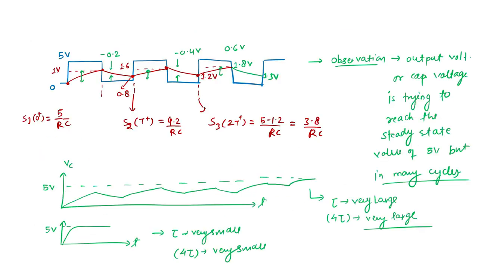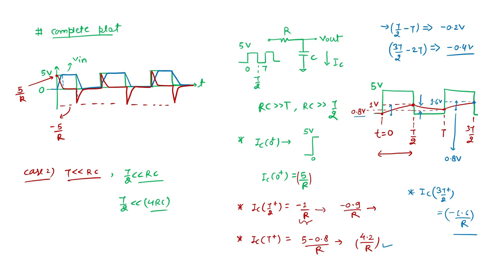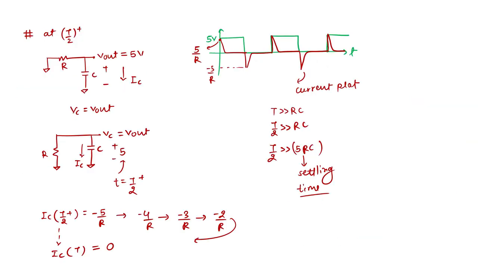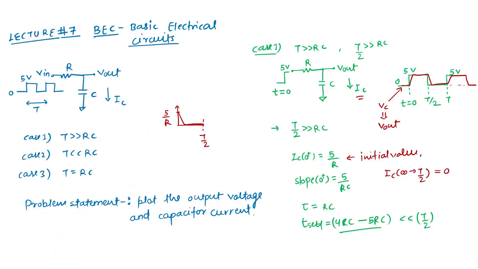The time stamps are very important: when time is very much greater than RC, and when time is very much less than RC. The case where time is very much less than RC is really important, and here the analysis will matter.